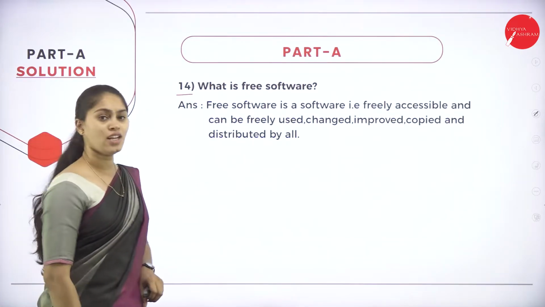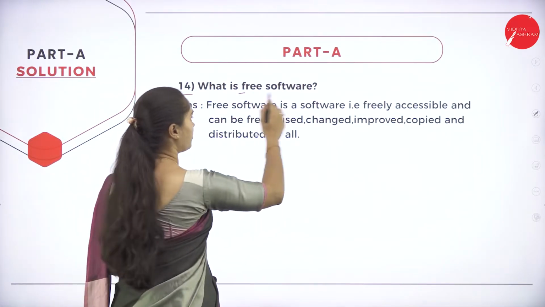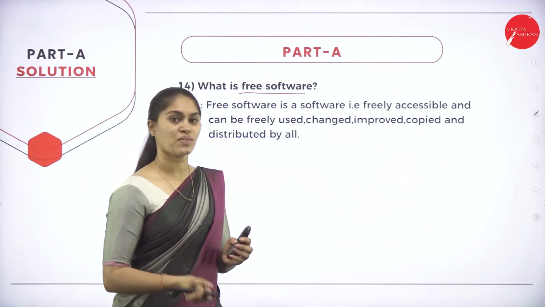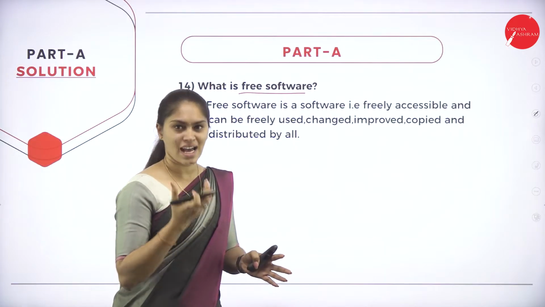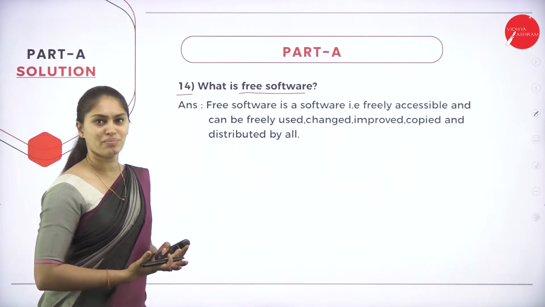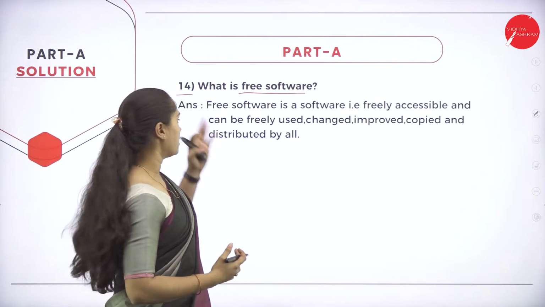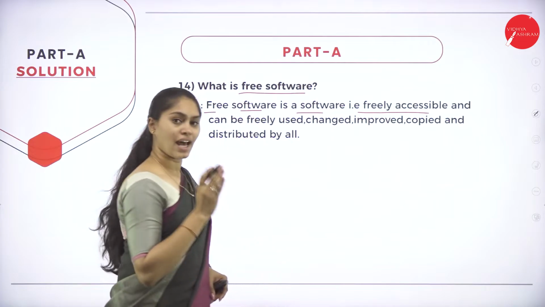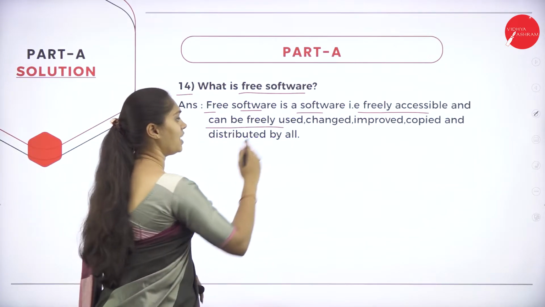Question number 14. What is free software? A set of instructions is termed as software. Then what is free software? As the name indicates, free is in terms of cost, in terms of money. So there is no need to pay anything. Free software is software that is freely accessible and can be freely used.